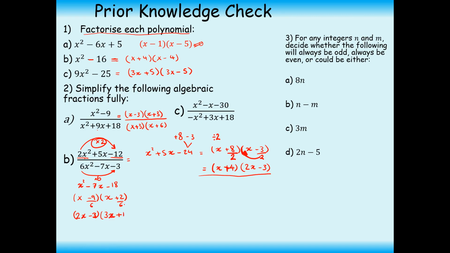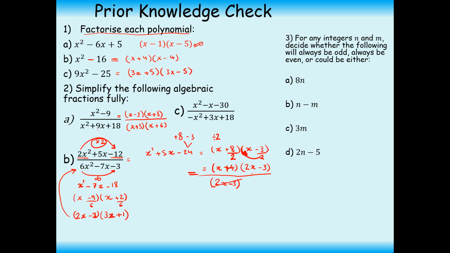I'm simply writing 1 over 3 with 3 in front of it. Now I guarantee you that if you multiply these two brackets, you will end up with this answer here. Okay, so putting the answers together, we had the numerator there, and we are going to put the denominator under it. So 2x minus 3.